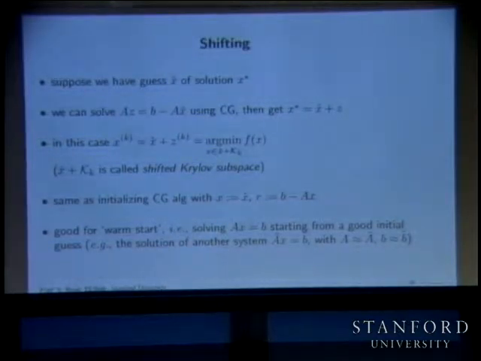And there's nothing you have to do to make this happen. All you need to do is initialize not with 0 in the first step, but with x hat, and everything will work. Now, this is also very important because this is good for warm start.